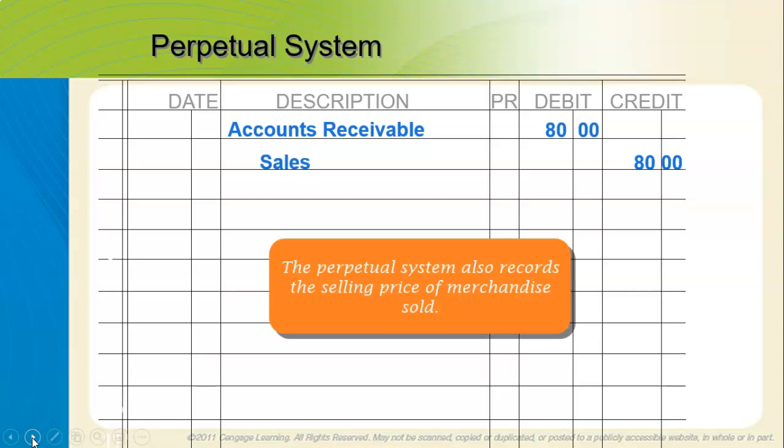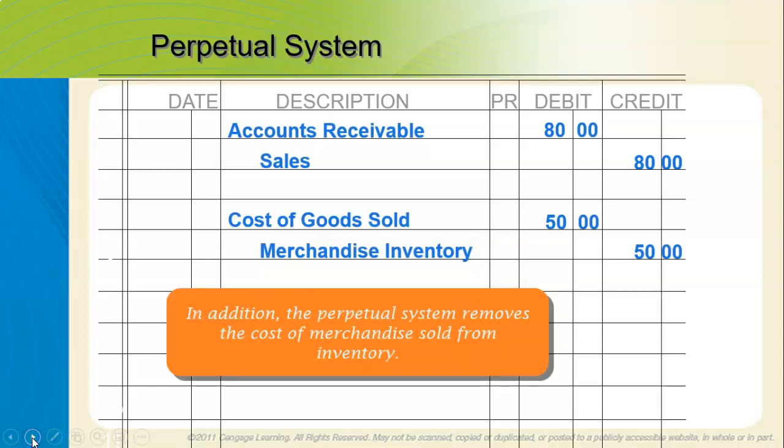It's going out of the store, so we have to credit inventory for that cost. So the cost was $50 for that thing that we sold. So we're going to debit an expense account called cost of goods sold, or COGS, and we're going to credit the inventory account for $50. So we have two journal entries every single time we sell something.